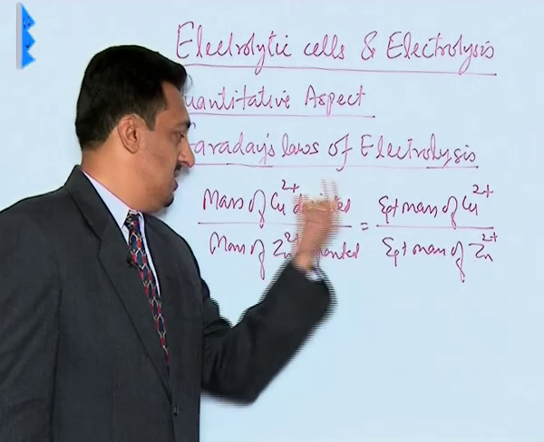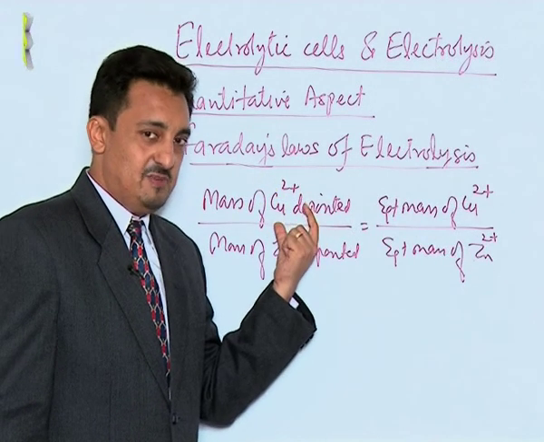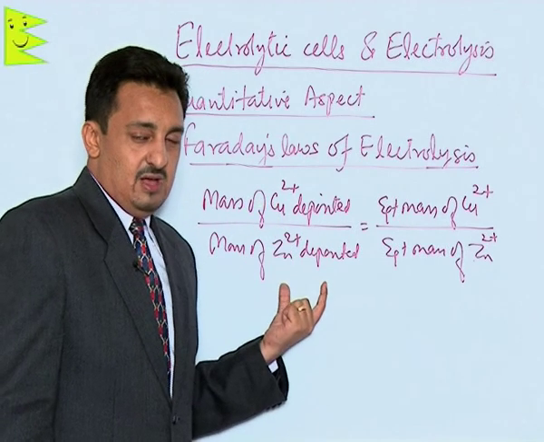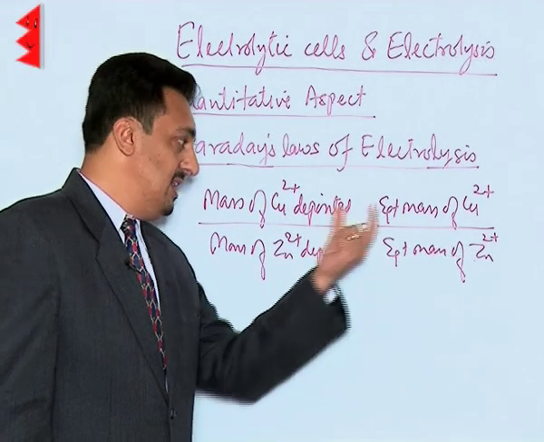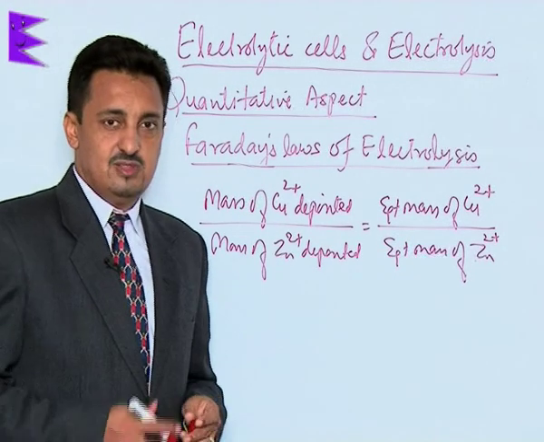So the mass deposited was proportional to the equivalent mass. If we know the mass of one of the species, we can find out the mass of the other substance deposited, and if we know the equivalent mass of one, we can find out the equivalent mass of the other. So this is how this law can be used in different ways.